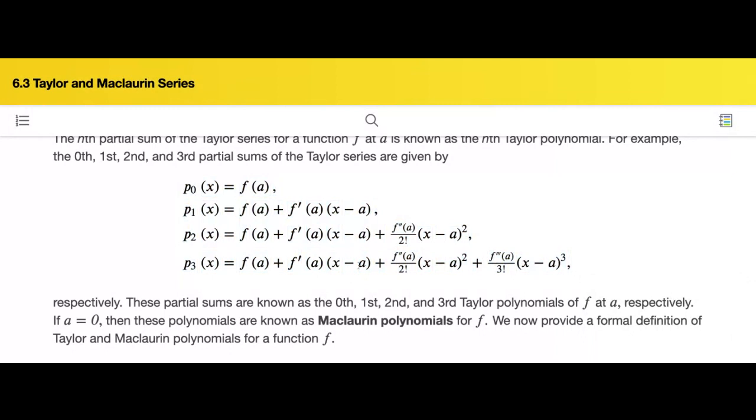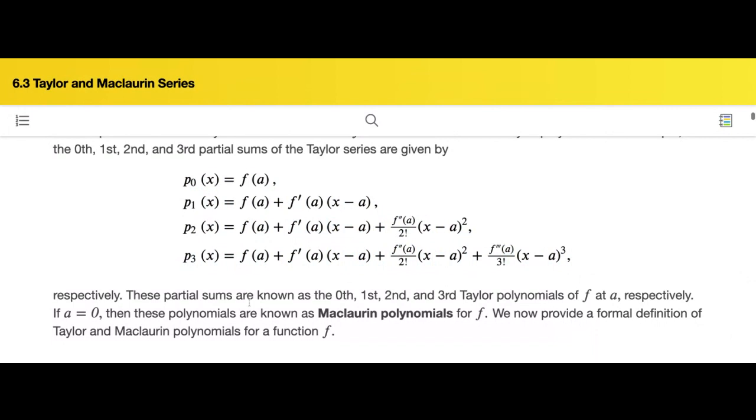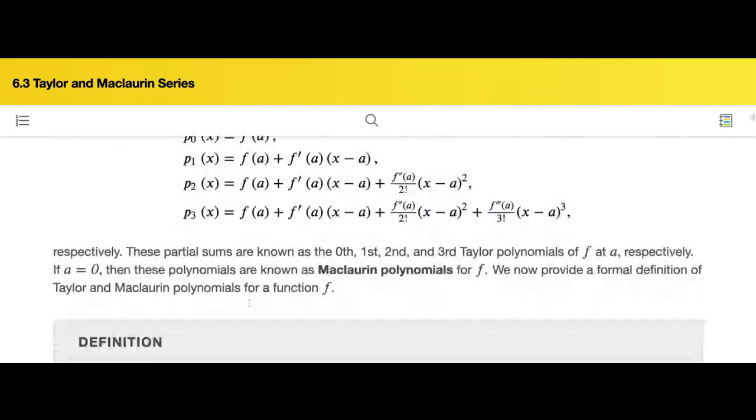So we call this the third order Taylor polynomial. Okay, so these partial sums are known as the zeroth, first, second, and third Taylor polynomials of f at a. If a equals 0, then this polynomial is also known as the Maclaurin polynomial for f.